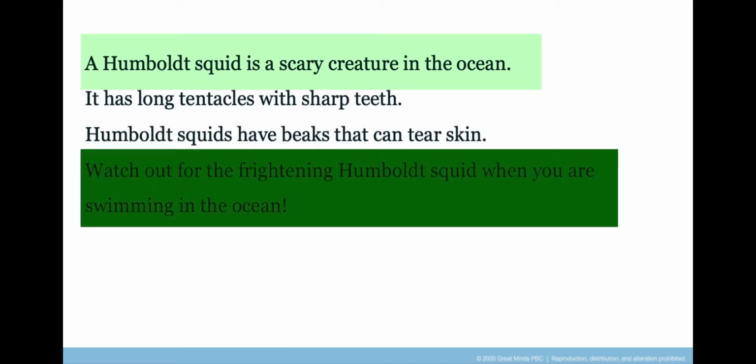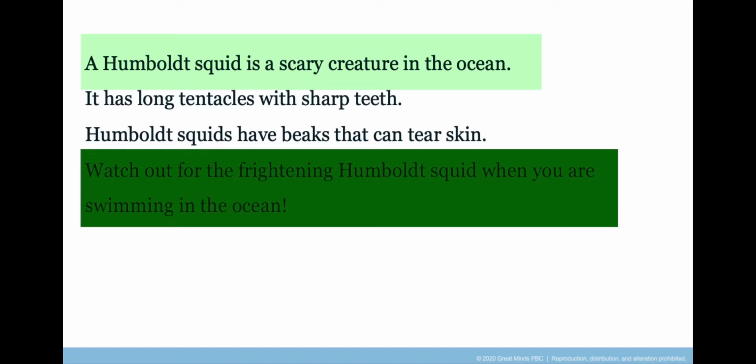Watch out for the frightening Humboldt squid when you are swimming in the ocean. What did you notice that was similar? Can you point to any words that are similar in the first and last sentence? Again, point gently to any words that are similar in the first and last sentence.